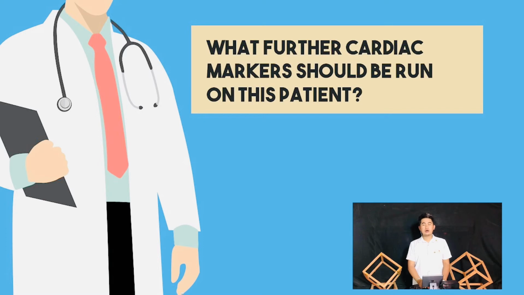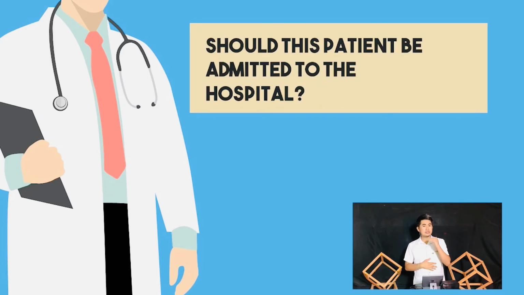We can check on cardiac markers, specifically troponin I. CKMB is normally the marker that you will select to check for AMI, but since CKMB is normal in this case. Number 3, should the patient be admitted to the hospital? Yes, since the patient must be monitored after acute myocardial infarction.